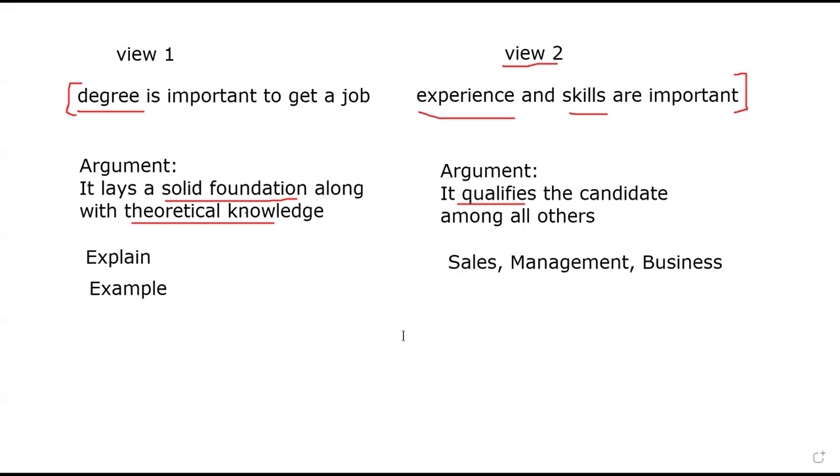Now I would like each of you, Ainura, Alina, and Irina, to continue writing your view 1. So basically just state this one. First you write the topic sentence, then you explain it and also give an example. Whereas Sivara and Madina, you should state this argument, then explain and give an example.